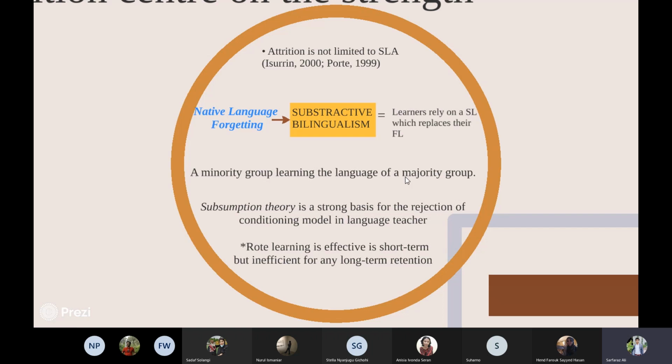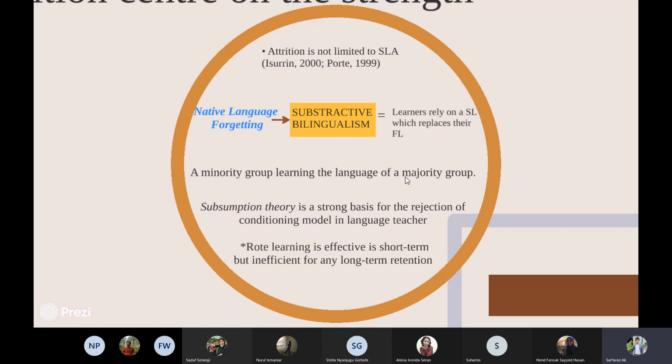But whenever we become habitual speakers of a second language, there we see the process of subtractive bilingualism. In it, we are giving the root cause of forgetting.